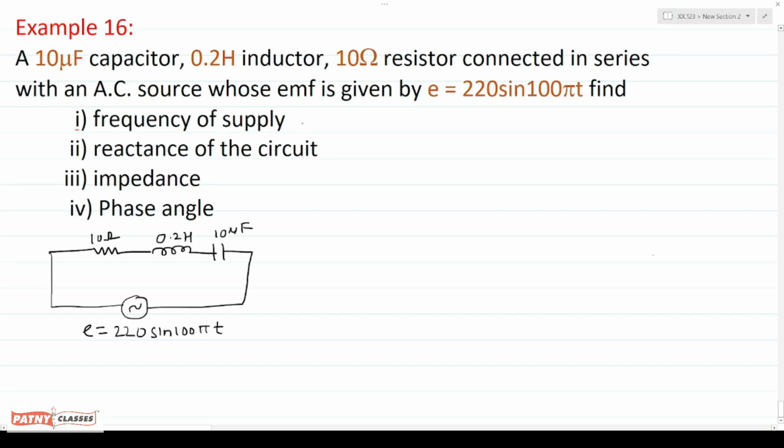We need to find supply frequency, that is F. We need to find reactance of the circuit, that is X equals to modulus of XL minus XC. We need to find impedance of the circuit and we need to find phase angle.